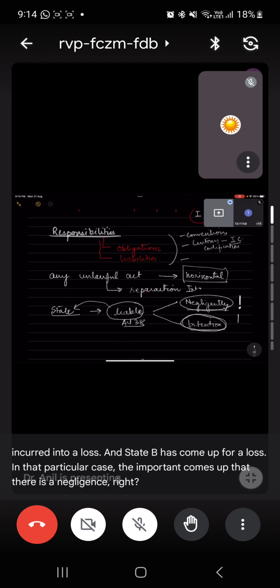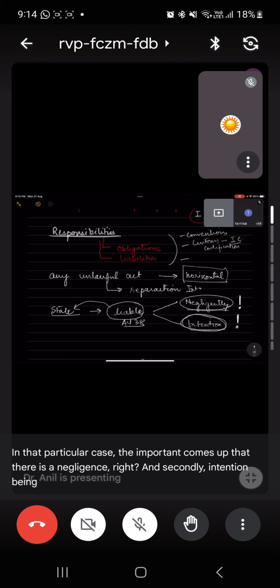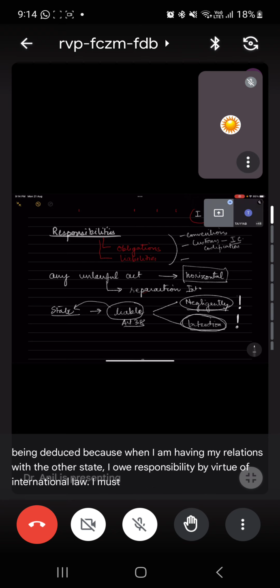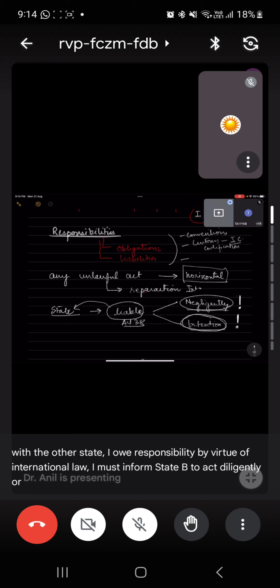And secondly, intention is deduced, because when I'm having my relations with the other state, I owe responsibility by virtue of international law. I must inform state B to act diligently, or inform them about the mines which are there in my territorial waters.